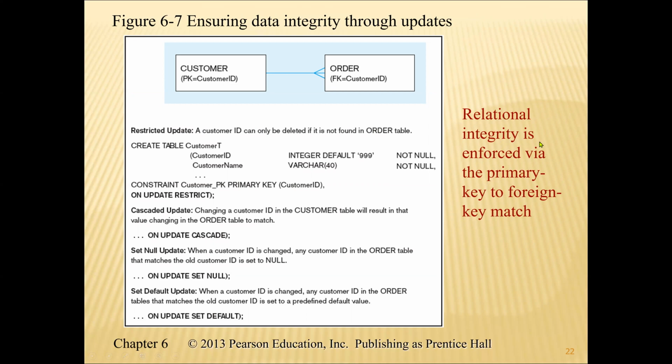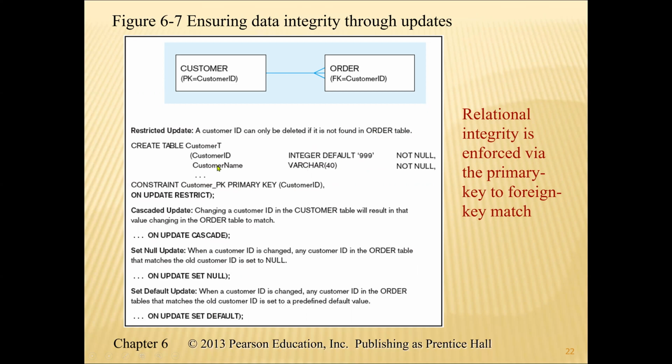So here we say referential integrity is enforced through the primary key to foreign key match. So in order to delete, the customer ID must not be in the order table. So here we have create table customer_T again, then customer ID. We set the integer default value to 999, not known, the customer name varchar 40, also not known.